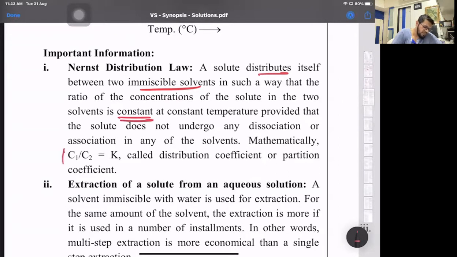That is C1 by C2 is equal to K, provided the solute does not undergo any dissociation or association. Dissociation gives more particles, association makes the number of particles less. Normally dissociation is of an ionic compound, association is due to hydrogen bonding.